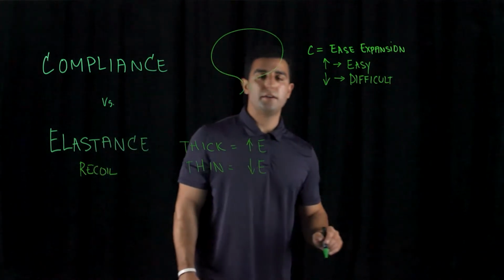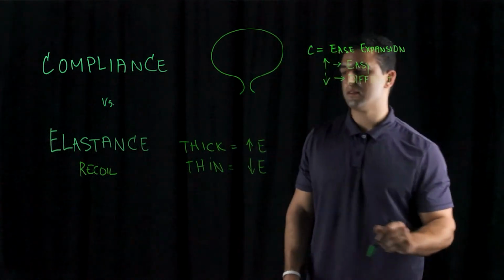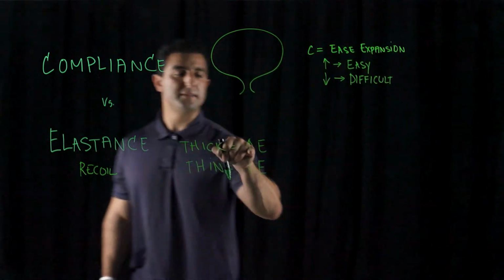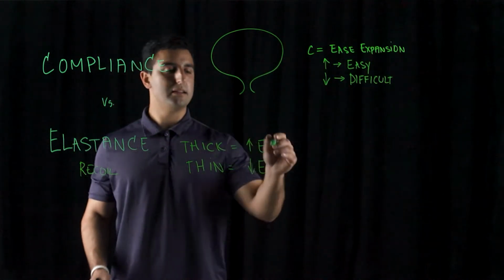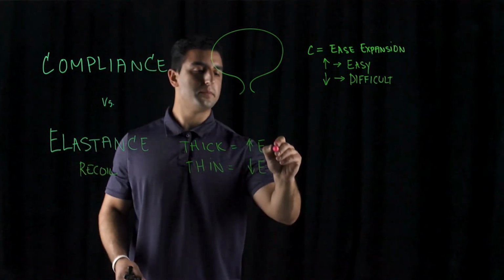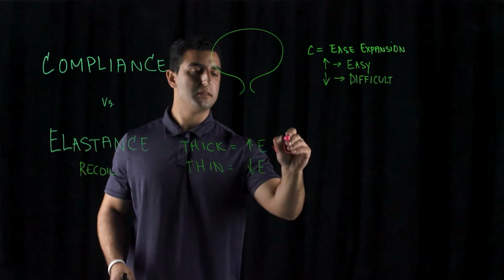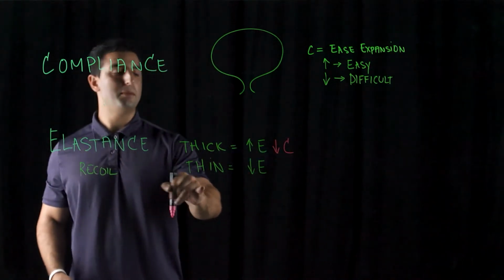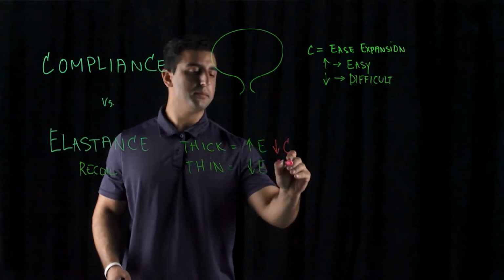Vice versa, even though it has very high elastance, this thick rubber band has very low compliance, low C, and the thin rubber band has very high compliance.